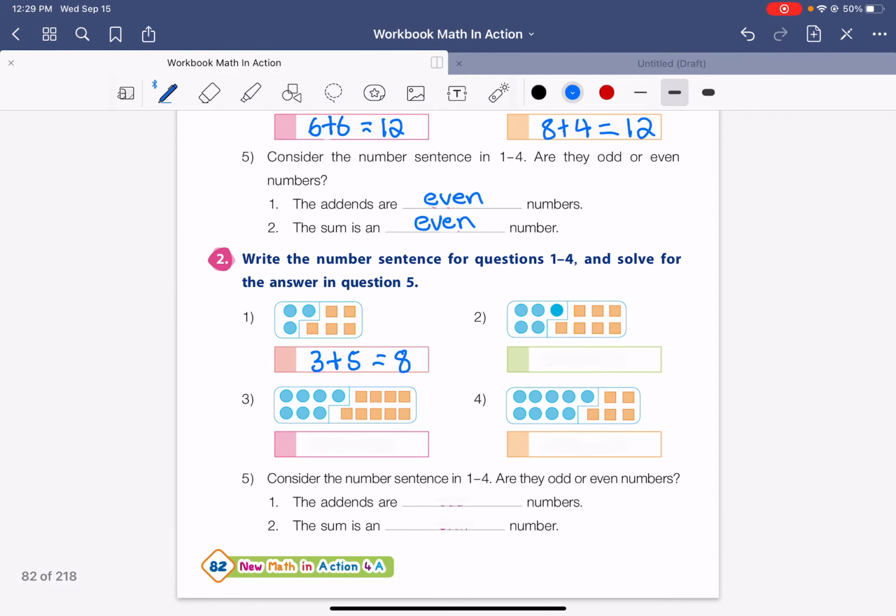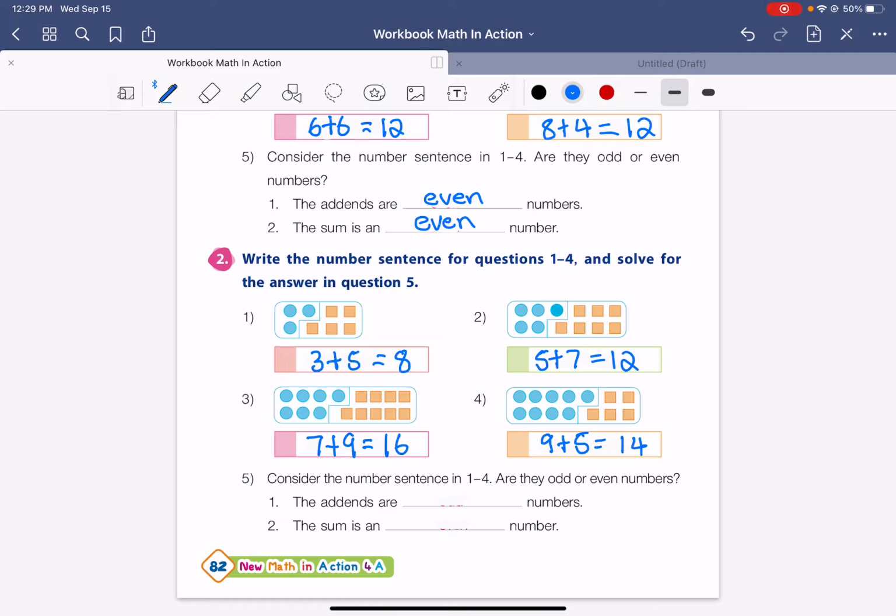Next, we have 5 circles plus 7 squares is equal to 12. Number 3, we have 7 circles plus 9 squares. 7 plus 9 equals 16. Last, we have 9 circles plus 5 squares. 9 plus 5 equals 14.